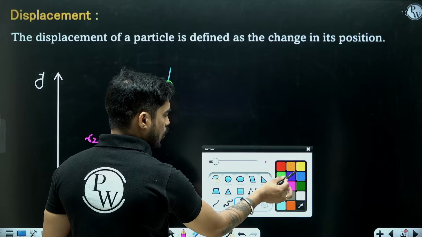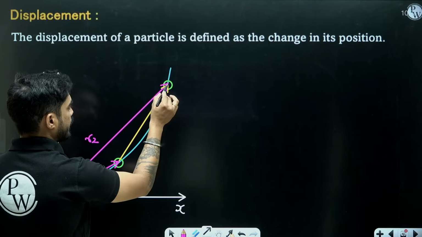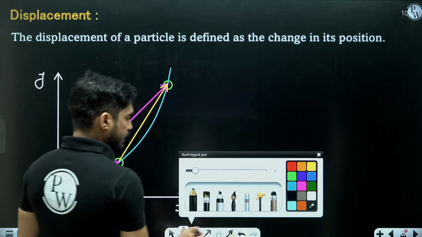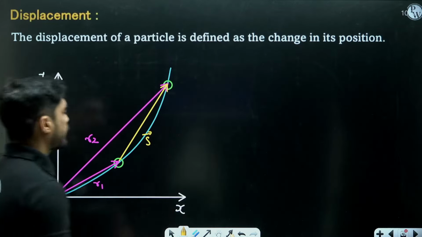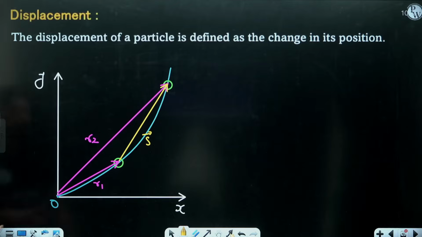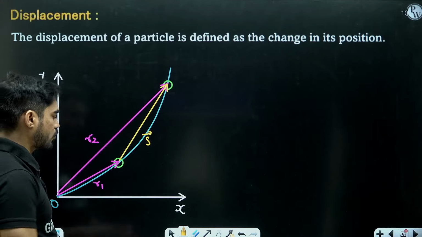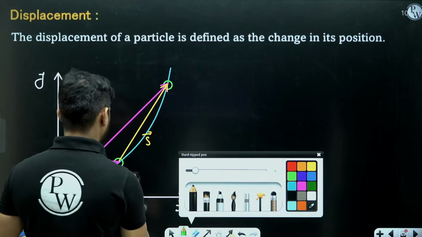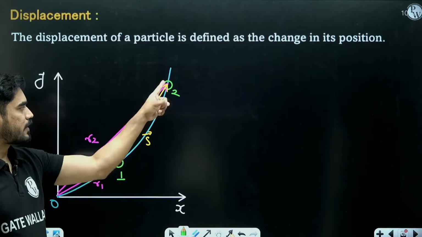Now if I draw a line joining this particle and this particle, if I draw a vector, then this is known as the displacement vector. From the initial position, position number 1, to the final position, position number 2, this is the displacement vector.